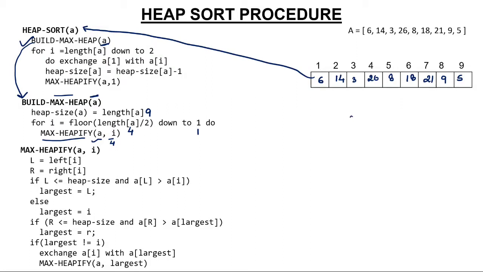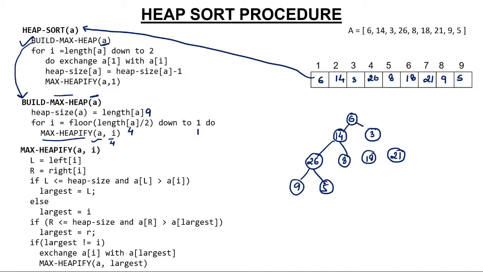So we have 6, 14, 3, then we have 26, we have 8, then we have 18, then we have 21, then we have 9, and then we have 5.